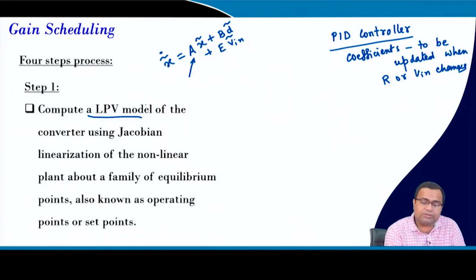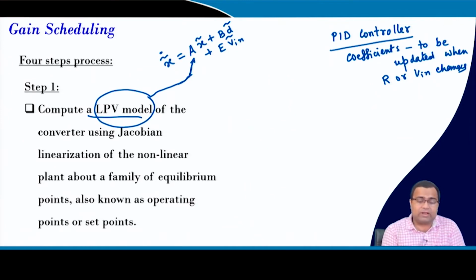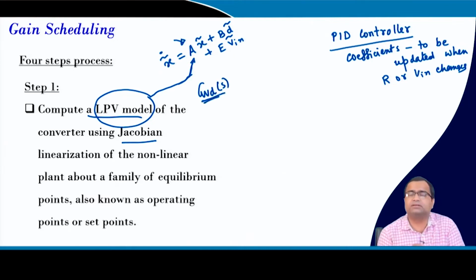This linear parameter varying model, arising due to the A matrix, we can obtain by Jacobian. In our case we do not need to obtain the linearization matrix all the time, because we know the linearized model, but we need to obtain the A matrix coefficients and the control to output transfer function for various load resistance and duty ratio or input voltage.